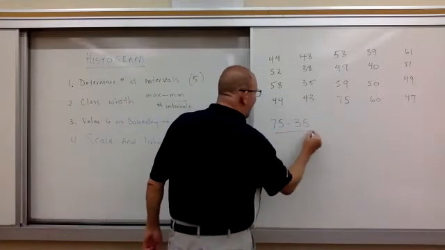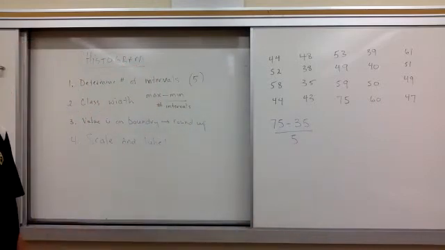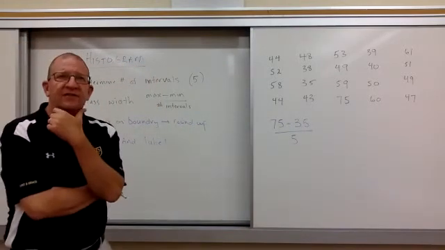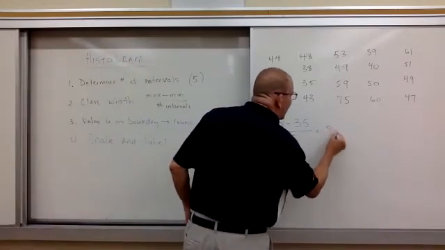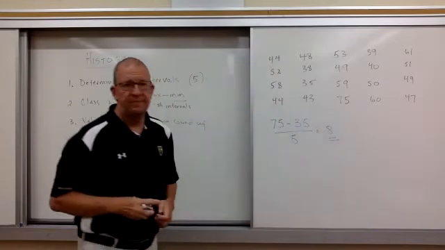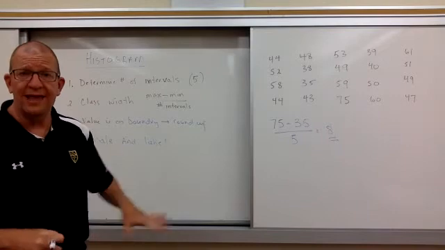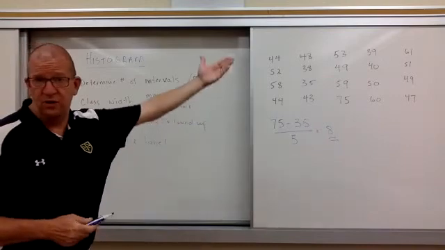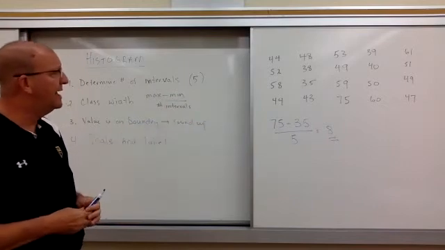Now, we know we want to have 5 intervals. So 75 minus 35, that's 40 divided by 5, that's 8. There's my width. Now, we're going to do this on a computer a little bit later, and the computer will automatically determine your width based on your data. But for us, we're going to use 8.